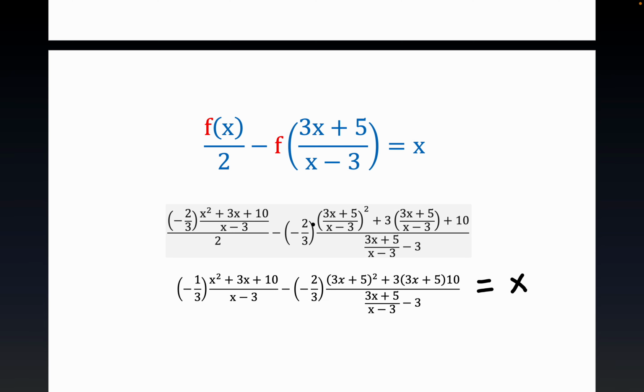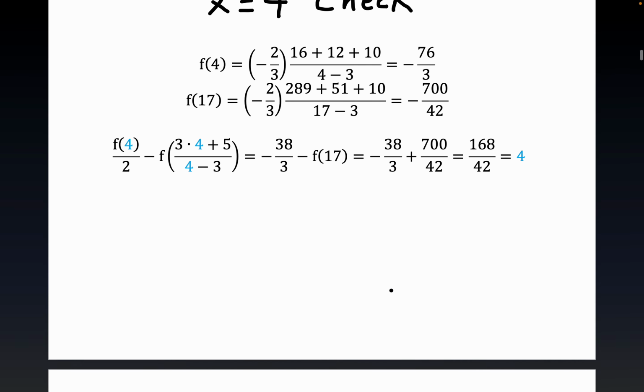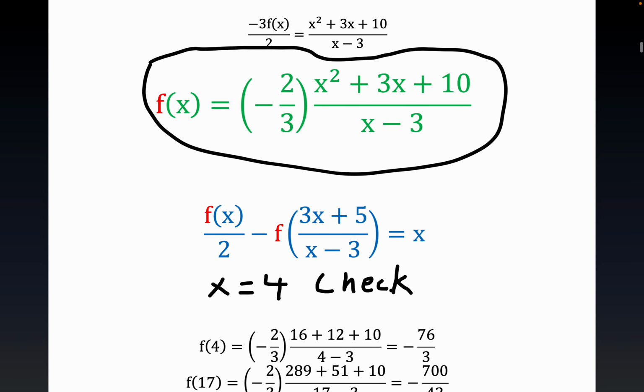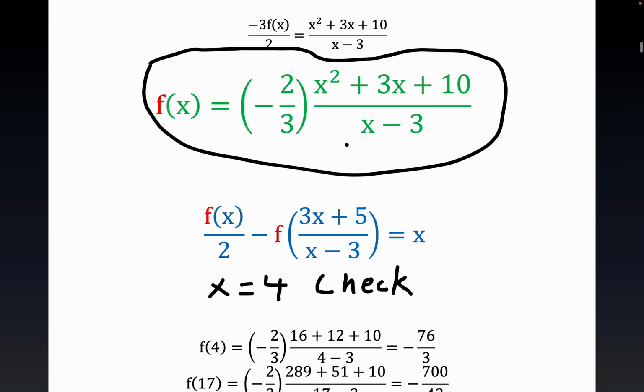In both cases, I just simplified it a little bit here, and I didn't continue. The algebra is a pain. But if you take the time to do the algebra right here, all of this does collapse into x. And that will verify that this is our solution to the functional equation, which was this.